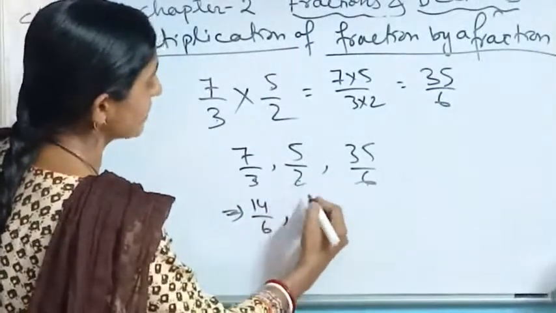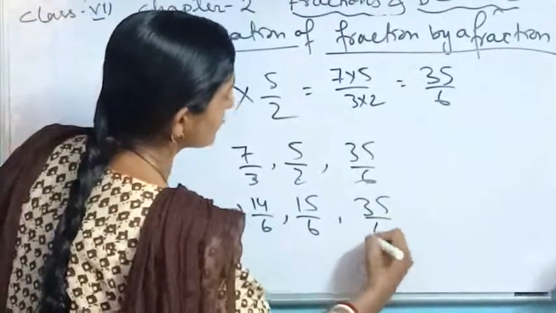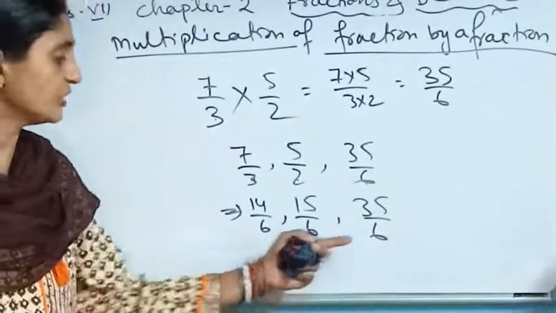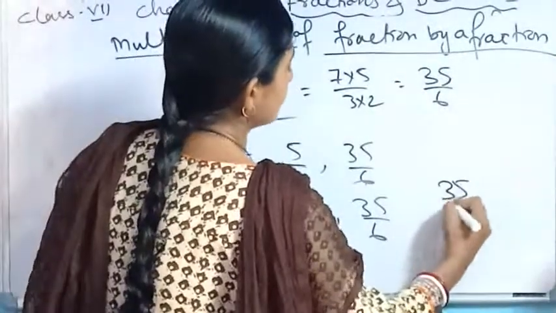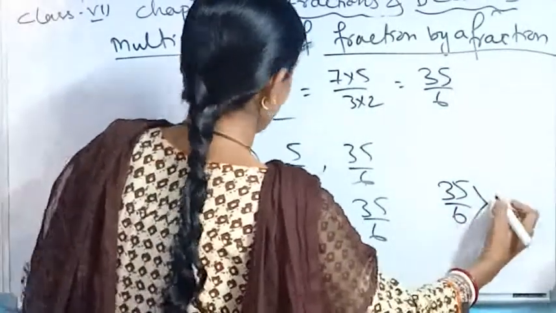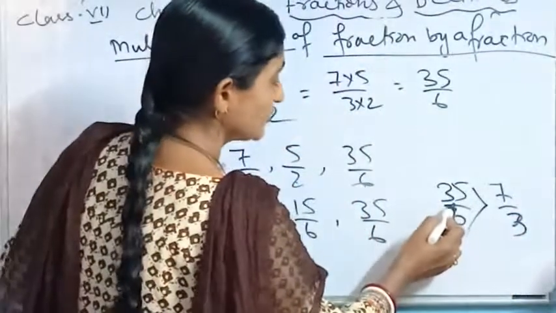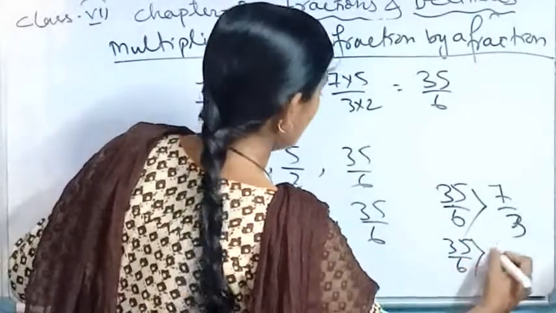And 5/2, if I multiply by 3, I will get 15/6, and the result was 35/6. Now tell me, are the individual numbers bigger than the result? No. Here you can see the result is bigger than the individual numbers. Yes, the result is bigger than each of the individual numbers.